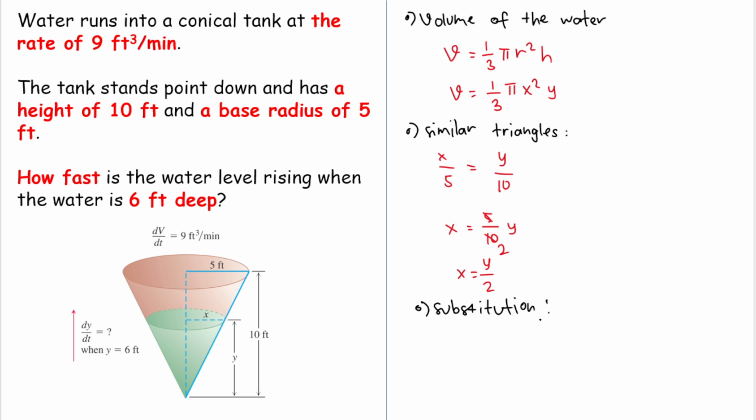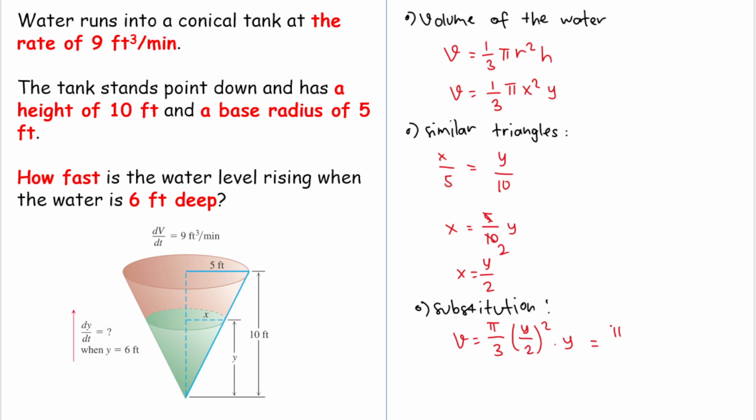Substitution. Okay, so we will have the volume here, 1/3 multiplied by pi, I just write it pi over 3, and then x squared, but the x is y over 2. So we'll have y over 2 squared. Good. And then multiplied by y. Let's simplify this.